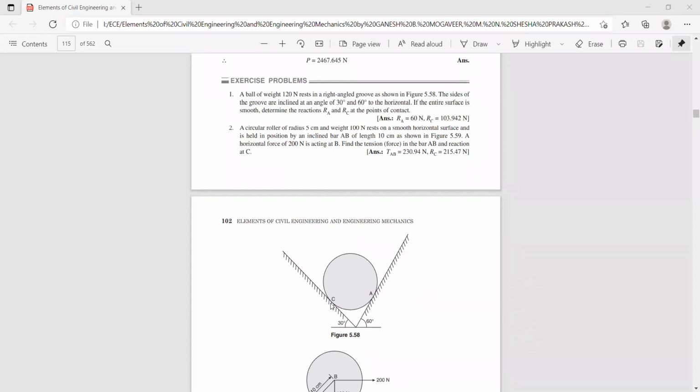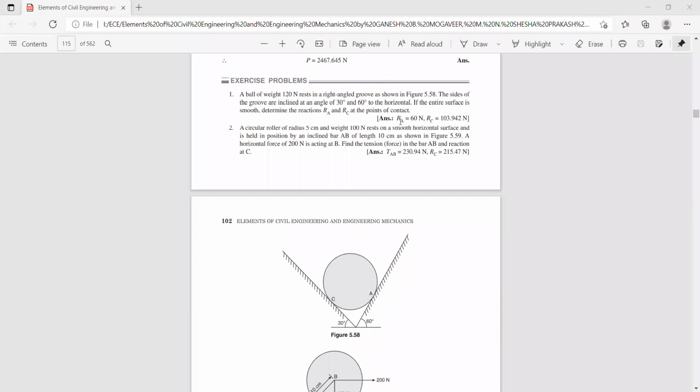So you can substitute RC in terms of RA, that is, RC is equal to 1.73 times RA. So thereby you will get the values of RA and RC.